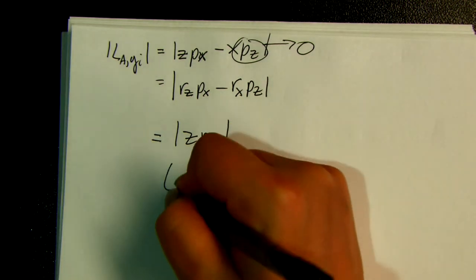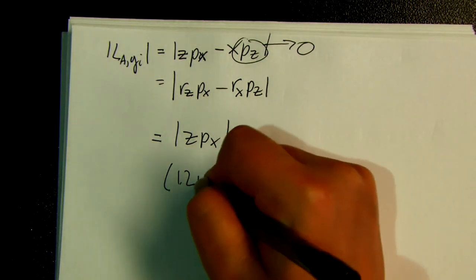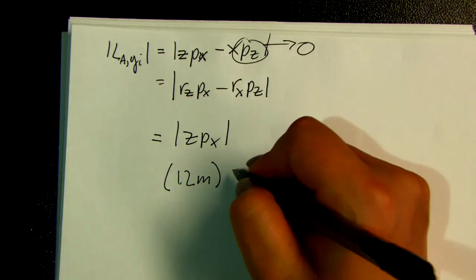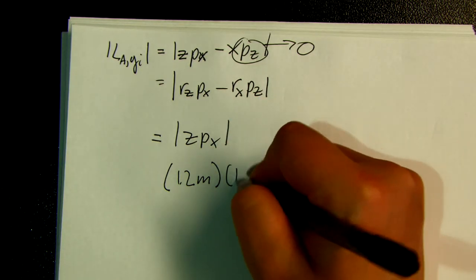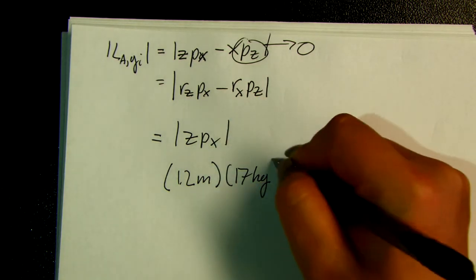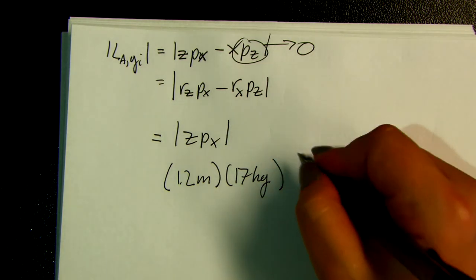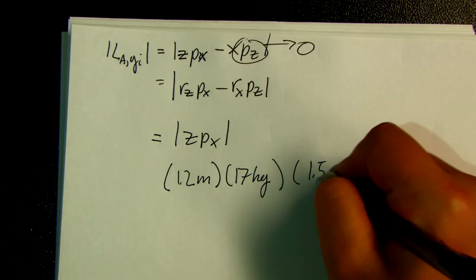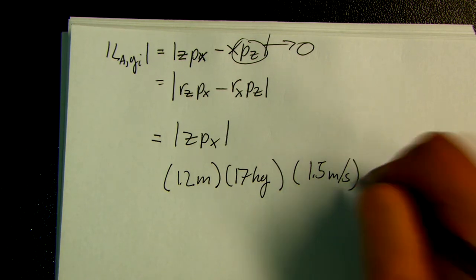Okay, so that's 1.2 meters times 17 kilograms times 1.5 meters per second. Let me just draw a couple things.